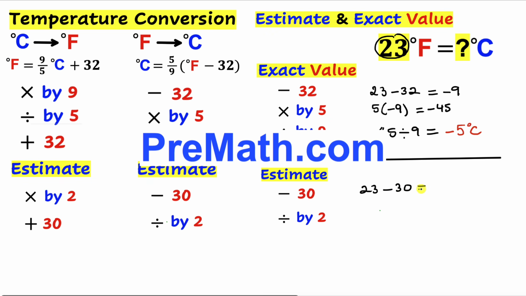That is going to give us negative 7. And now I'm going to divide this negative 7 by 2. And that's going to give us negative 3.5. So therefore, the approximate value for 23 degrees Fahrenheit turns out to be negative 4 degrees Celsius.